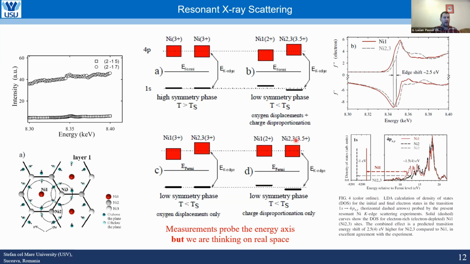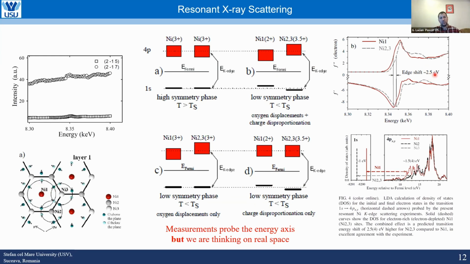For the one where now I have less charge, there is less screening, and this one will move closer to the core. So in this case, if I have charge disproportionation, but no change of the local environment, so no effect on the 4p, again, I have a different edge. If I combine these two effects, which I believe happens in silver nickel oxide, I get quite a large shift. And experimentally, the shift is 2.5.